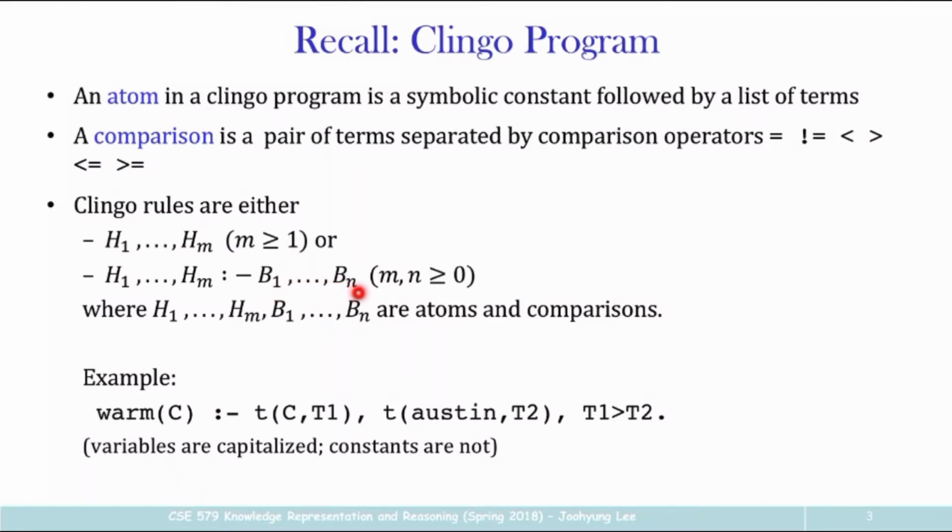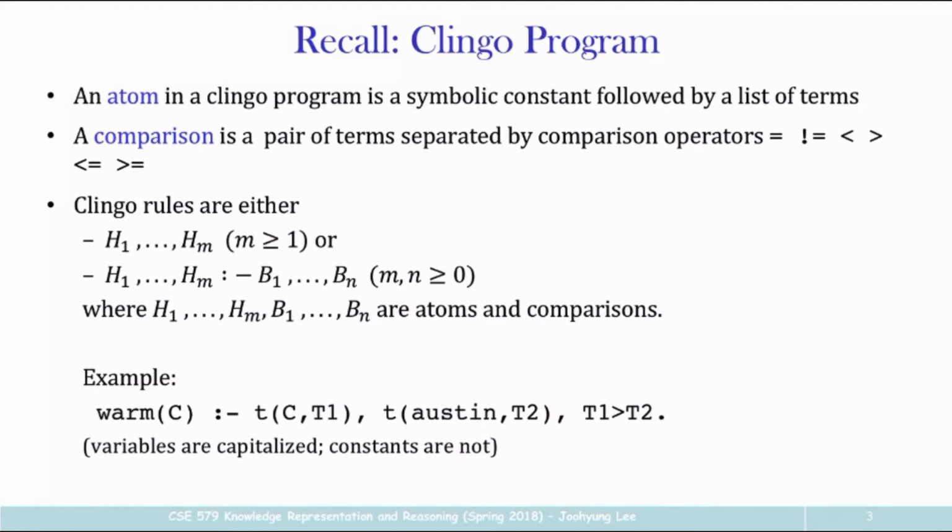And note here that unlike the rules that we defined last week, it's a bit more restricted because you have only atoms and commas. So you don't have conjunction, disjunction and negation nested arbitrarily.